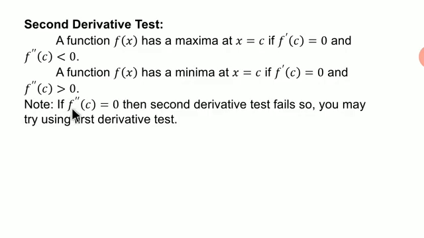Note here, if f double dash of c is 0, then the second derivative test fails. That means when f double dash of c is 0, then we may try using first derivative test. In that case, we use the first derivative test to check maxima and minima.